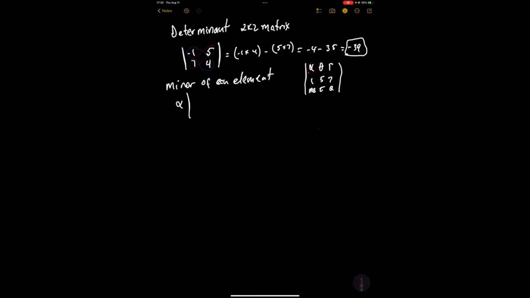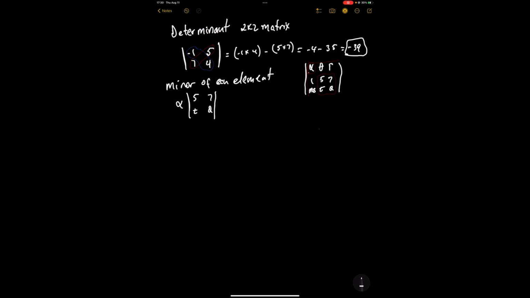That would be, you're crossing out theta and gamma, and you're crossing out 1 and ms. So now what is left? All that is left is this right here. So that would constitute the minor of alpha. So that would be alpha times what? 5, 7, t, q.